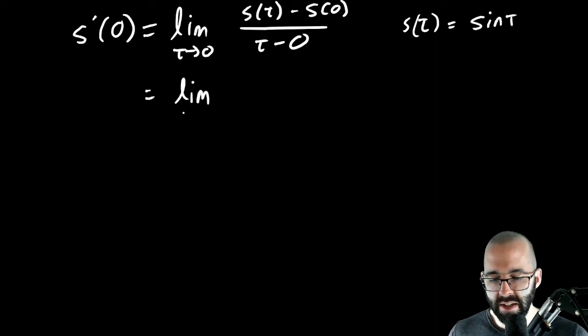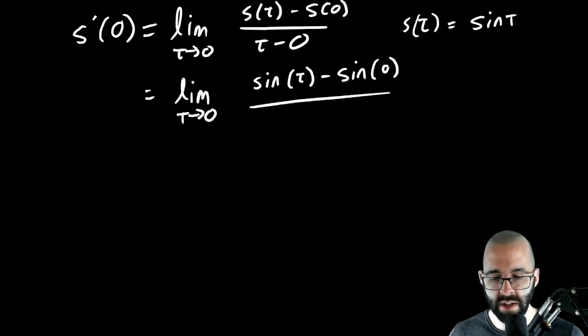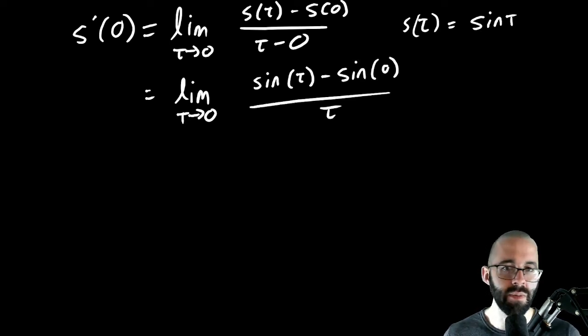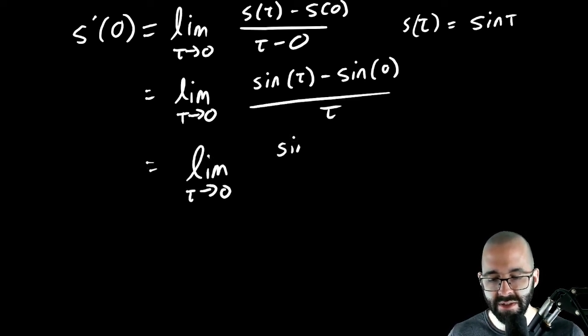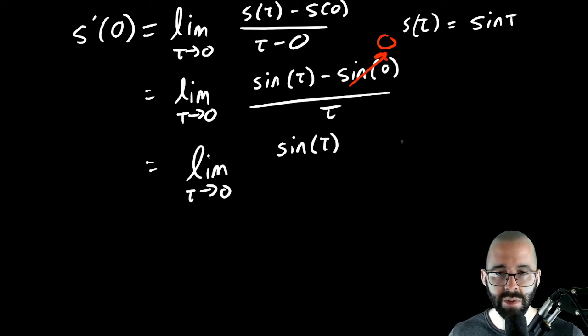This is the limit as t goes to 0 of the sine of t minus the sine of 0. T minus 0 is just the same thing as t. Simplify the numerator. This is the limit as t goes to 0 of sine of t. Sine of 0 is equal to 0.